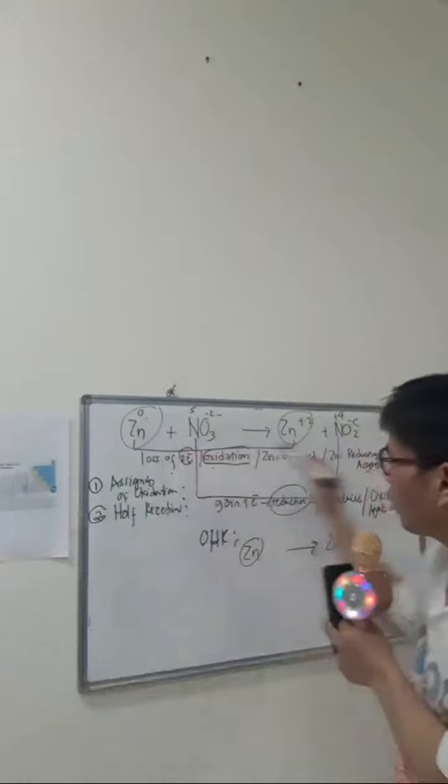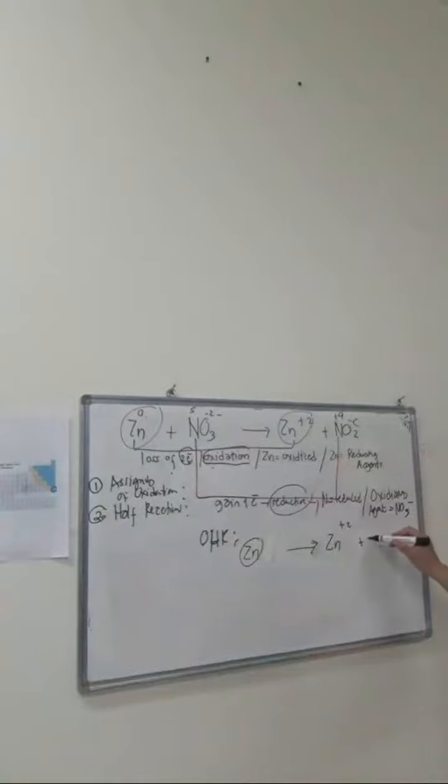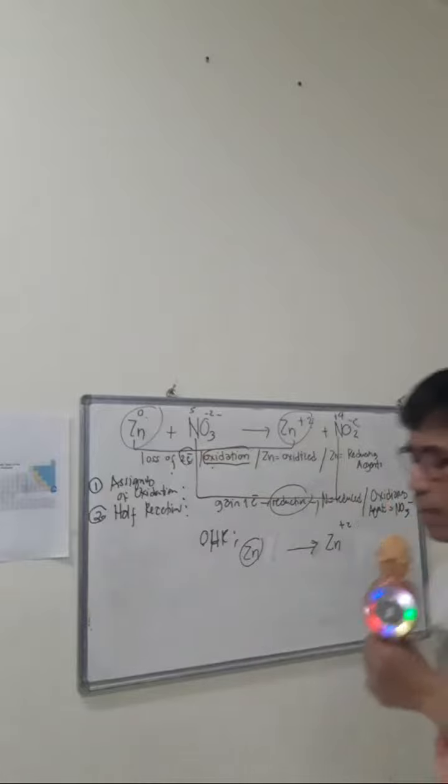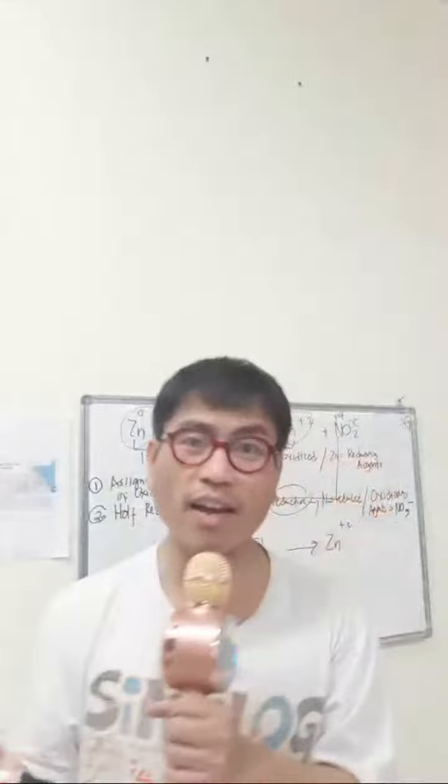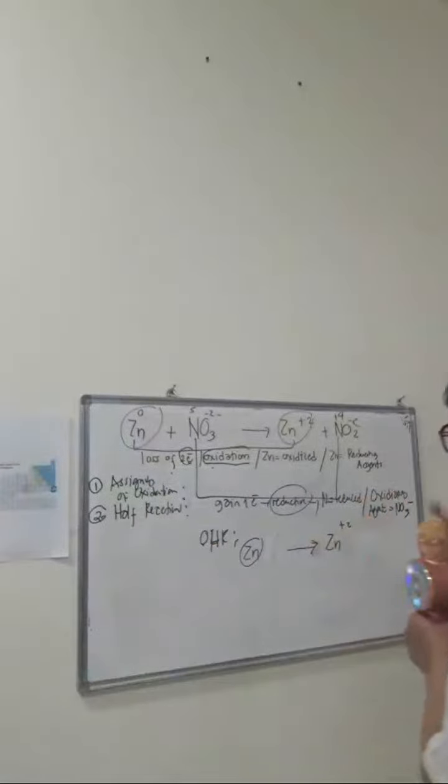Then actually you can put plus 2 electrons immediately here, but I want to explain where these 2 electrons come from aside from assigning electrons lost. So it's going to be the balancing of the charges, because we've done balancing the atoms, now we balance the charges.